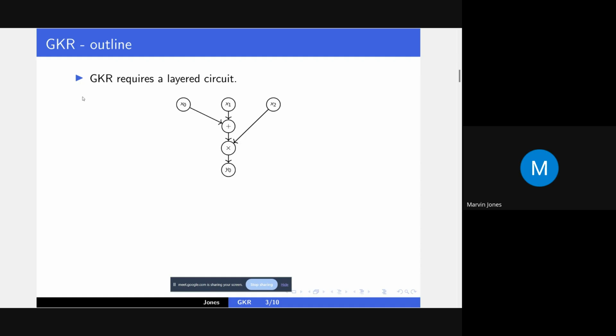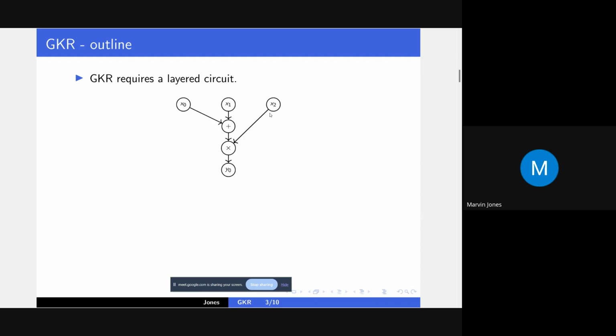What's a layered circuit? Well, we have a nice simple example of a circuit where we have an addition gate and a multiplication gate. But notice that this x2 is not used in the next layer; it's used down here. A layered circuit requires that everything can be arranged in perfect layers, where the gates on one layer only require access to the gates in the previous layer.